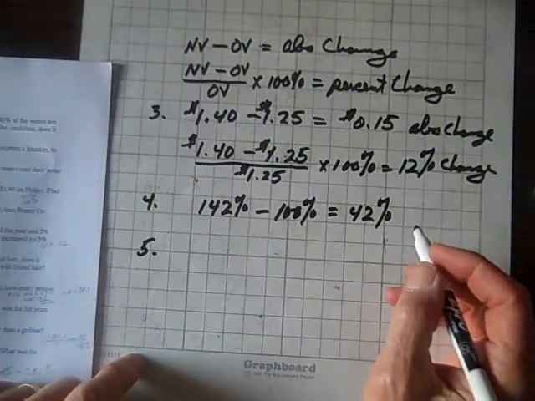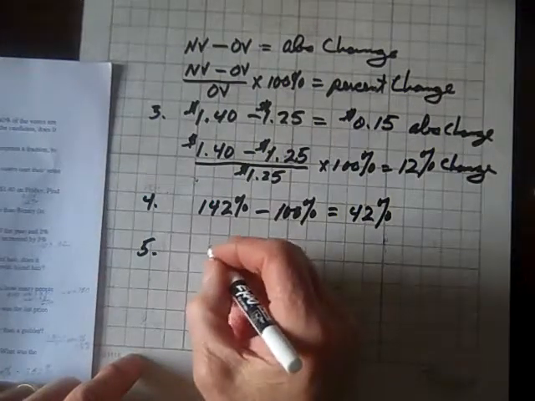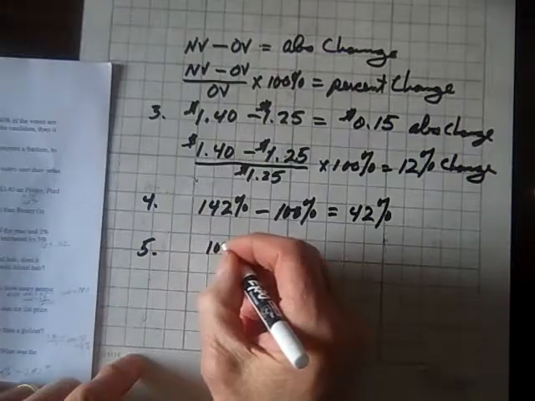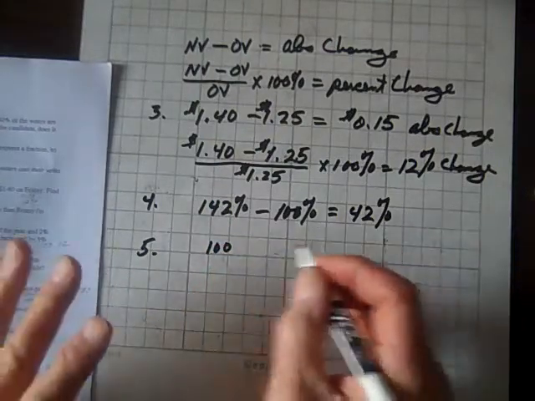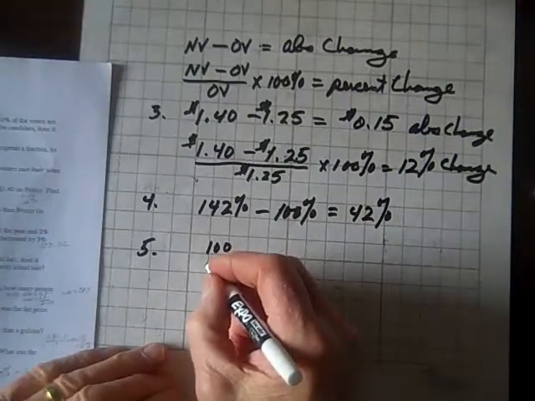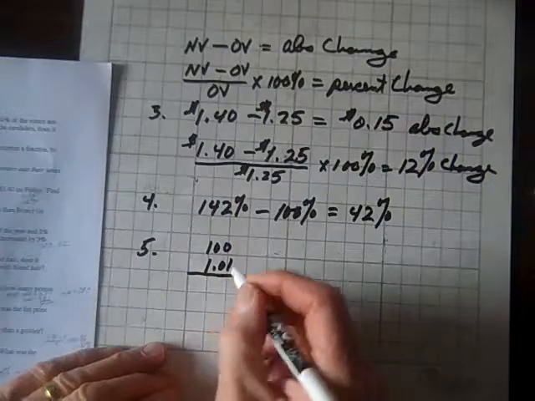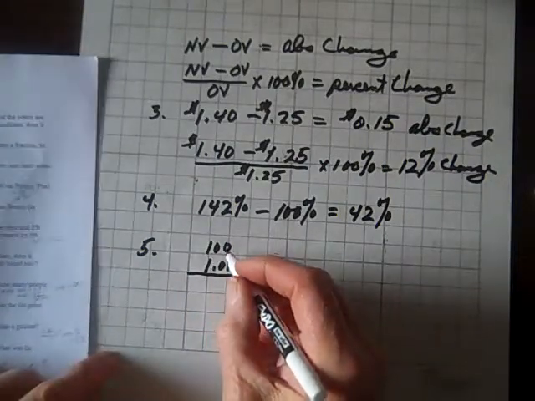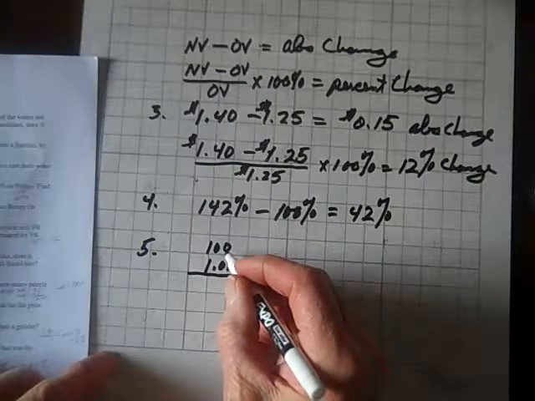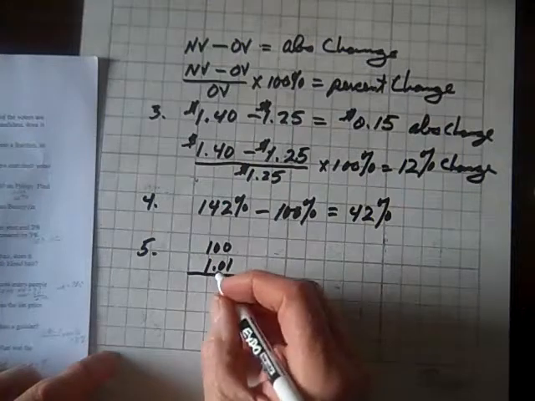What if we had $100 in the bank account and we multiplied $100 by 1.01. So that's multiplying the 100 by it, such that we get a 1% increase.